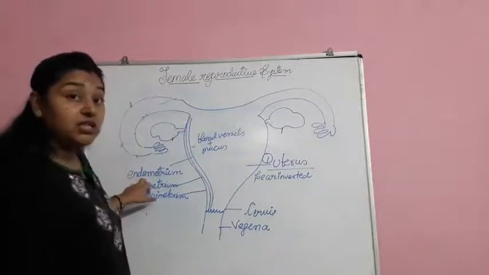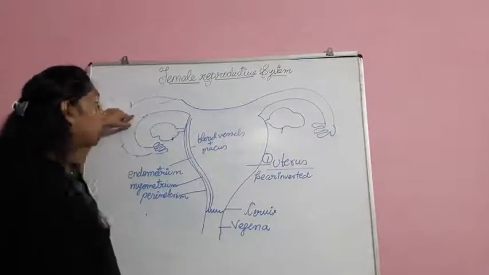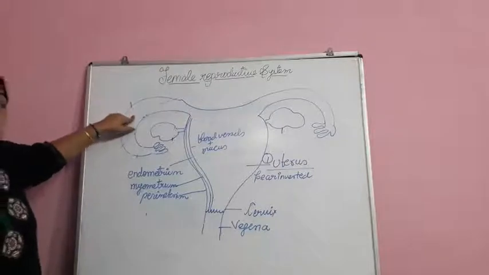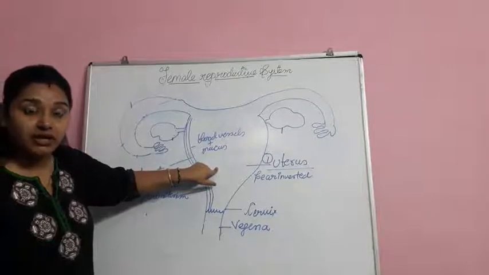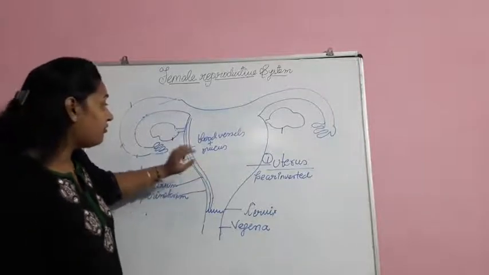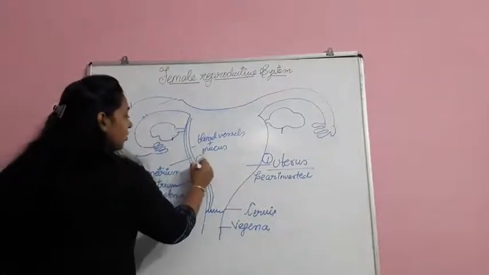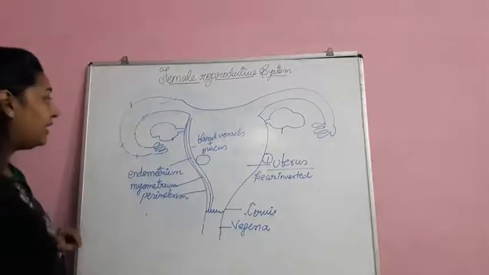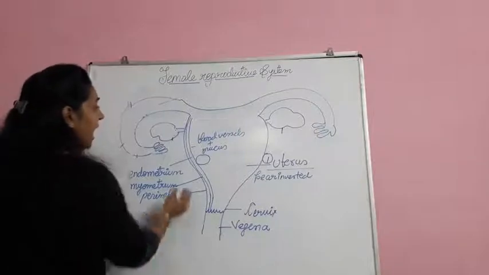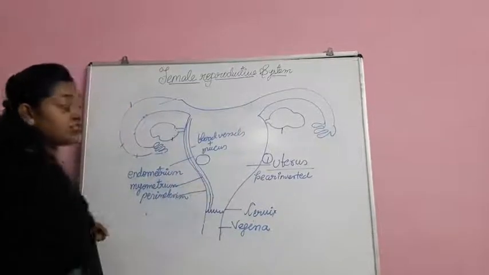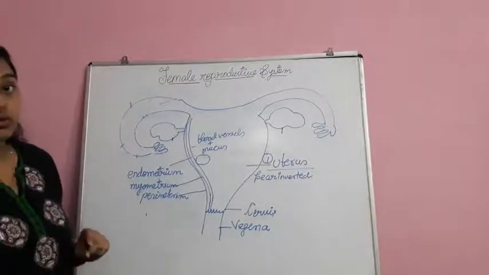But this menstruation doesn't take place when the zygote has been made and fertilized. If the zygote has come over here and got implanted, the baby will start developing inside this uterus. At that time this is not going to shed off because of the hormones, and these blood vessels and mucus are going to provide support to the baby which is developing inside the uterus.